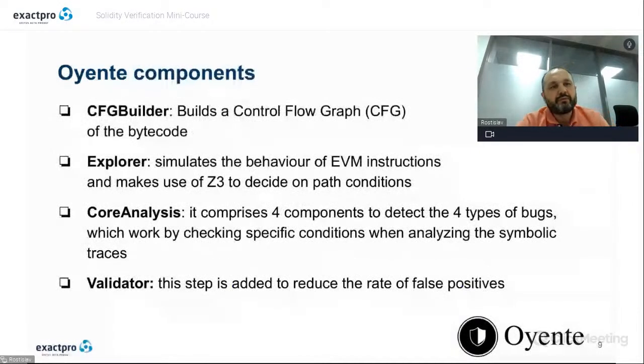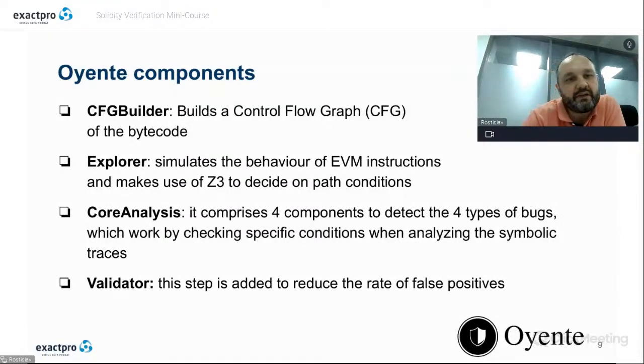Okay, how it works. This tool has 4 components. The first one is the control flow graph builder. Like I already mentioned, it's based on bytecode, so it converts bytecode into a control flow graph.